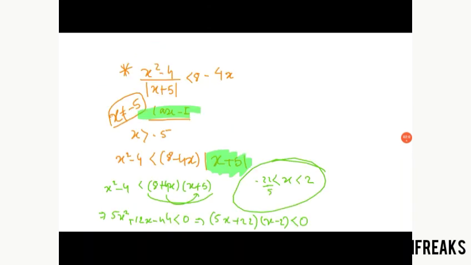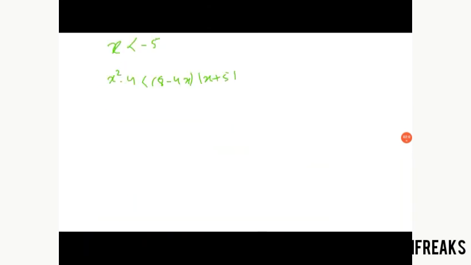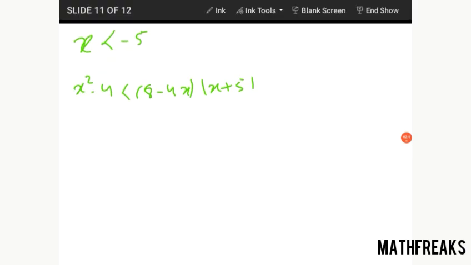Correct. Okay, so now it's time to open the mod. Now how will I open the mod? With a sign change or not? Definitely with a sign change, because x is less than minus 5. So since x is less than minus 5, this one will always be negative.